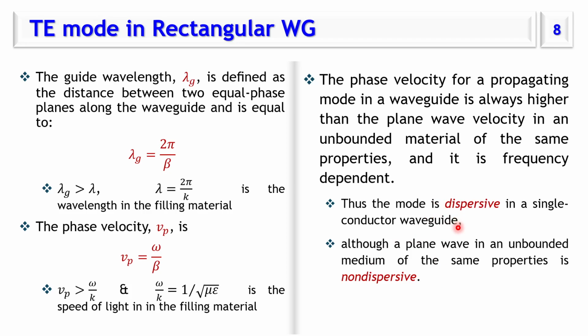In unbounded media, like space propagation or propagation in just a homogeneous medium, it is non-dispersive. But because of the metallic structure of the waveguide, the waves start to be dispersive, which means that the velocity of the signal depends on frequency.